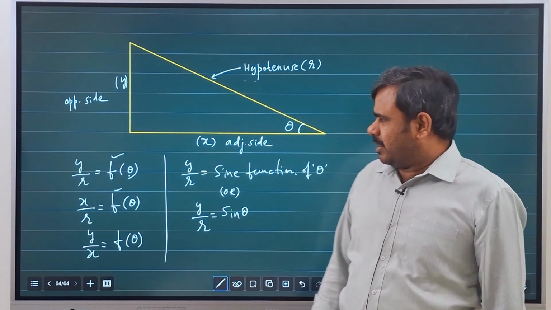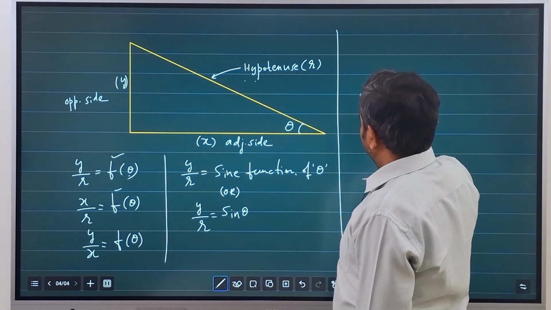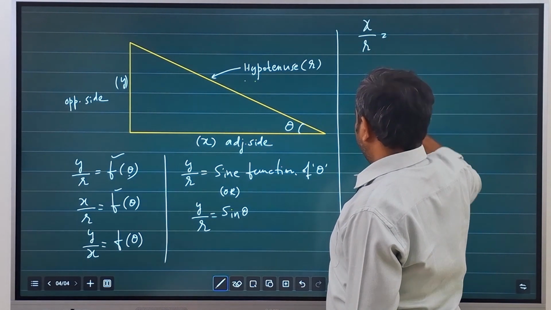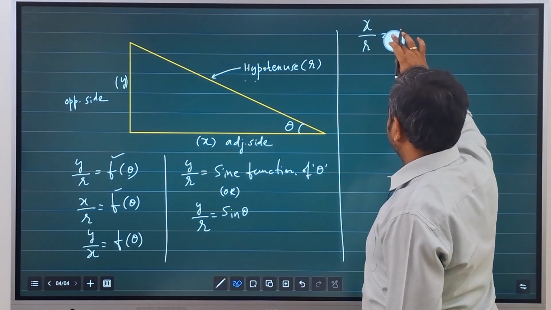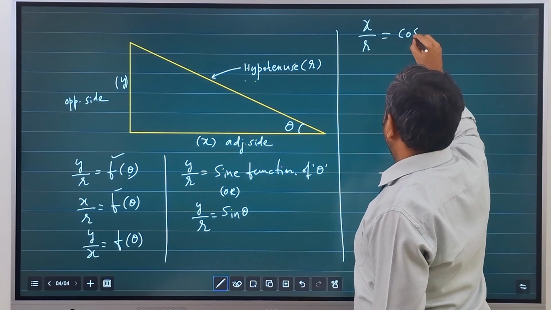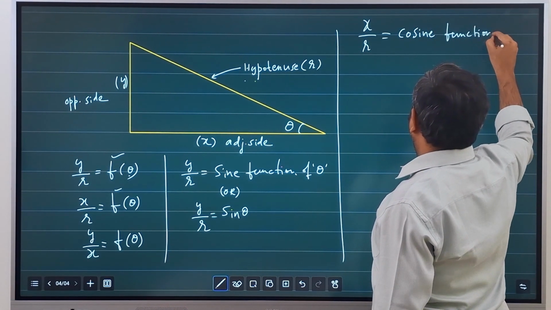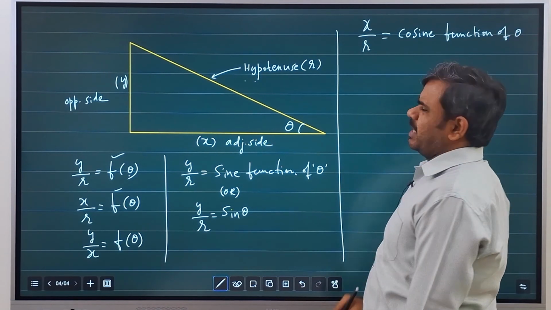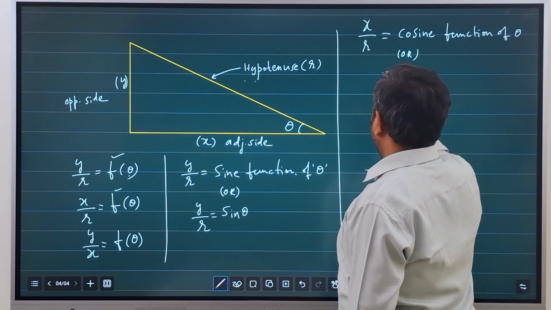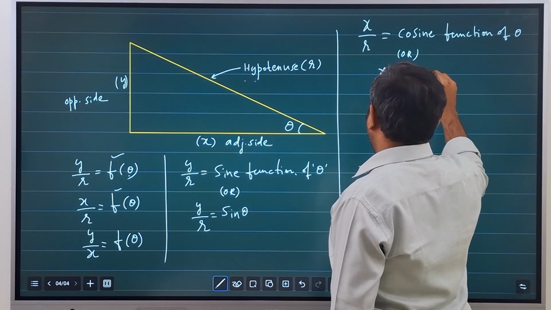And x divided by r, that is the ratio of adjacent side to hypotenuse. The ratio of adjacent side to hypotenuse is called cosine function of theta. Cosine function of theta, or simply we would call it cos theta. In the short form, we would call it cos theta.